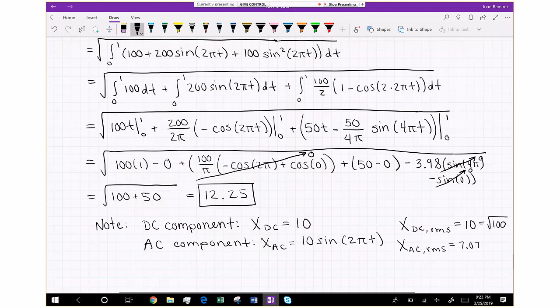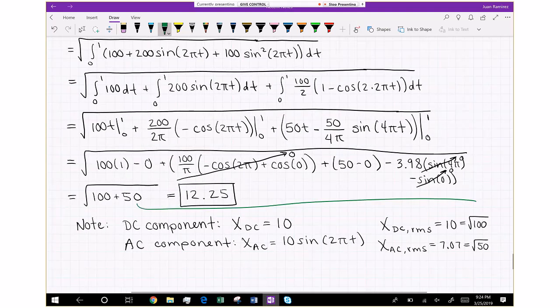And so the RMS value of the AC component will be 7.07, which is 10 divided by square root of 2, based on that shorthand calculation of the RMS value of a pure sinusoid. And that's actually equal to square root of 50. Well, did we notice that we have this over here?